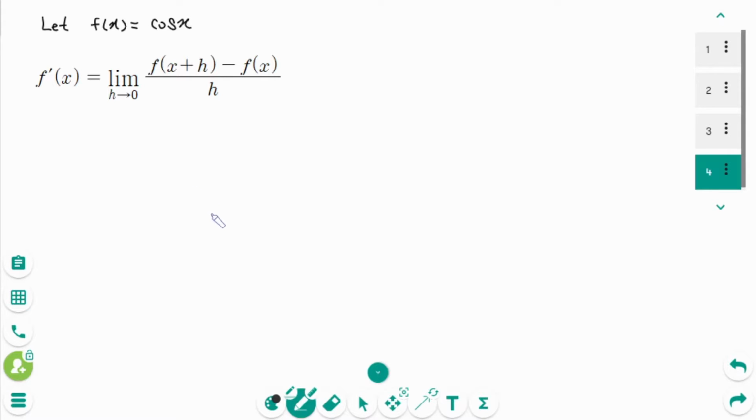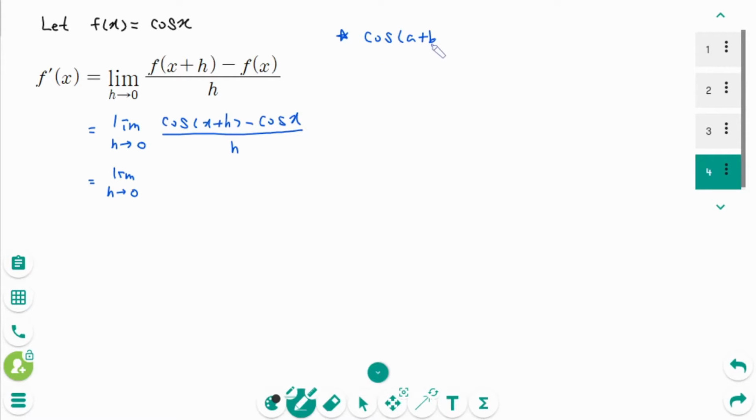Shall we prove cosine x now? Let f of x equals cosine x. Then f prime of x equals limit as h approaches 0 of cosine x plus h minus cosine x over h, which equals limit as h approaches 0.